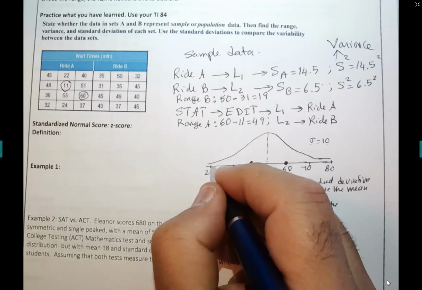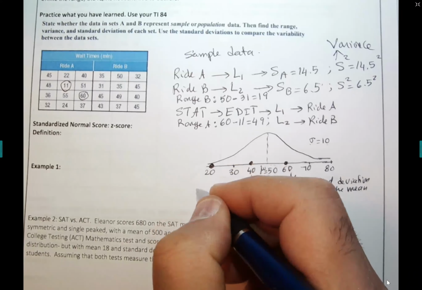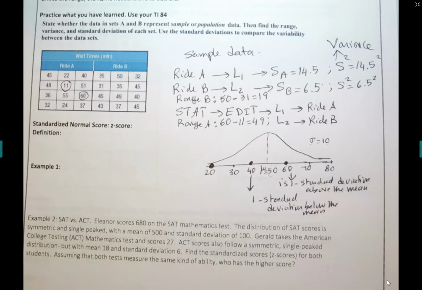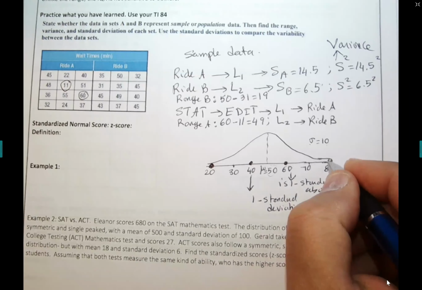What about this guy right here? 20. What's the difference between 20 and 50, guys? 30. That's 30 points below the mean. How many standard deviations would that be? 3 standard deviations, guys, because each standard deviation is worth 10 points. 10, 10, 10. What about the guy who scored 80 here?